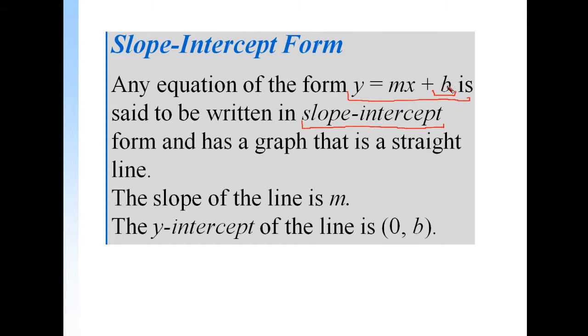Then from that point, you plot the slope, starting with the run and then doing the rise. If it's positive, it's going to go this way and up. If it's negative, it's going to go this way and down. And again, this would be negative slope, and that would be positive slope.